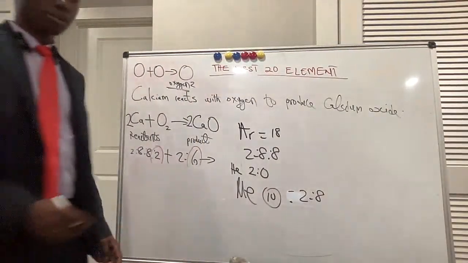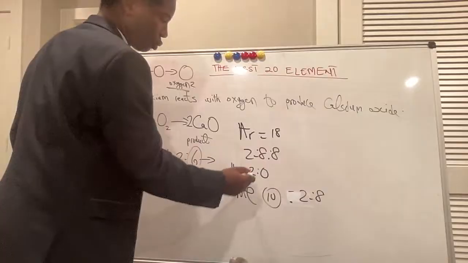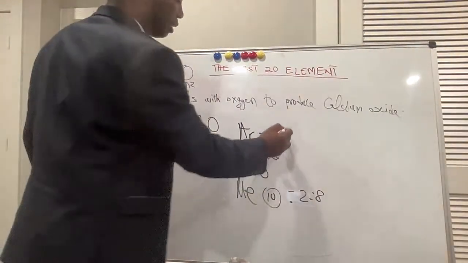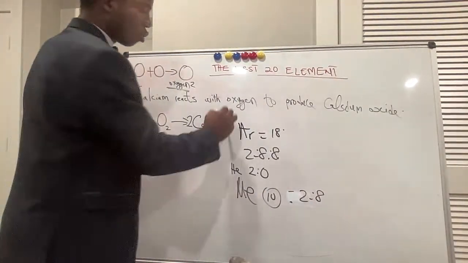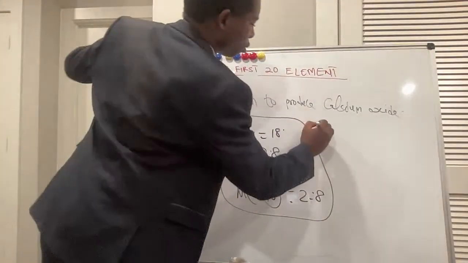So because this guy has 8 electrons, 2 electrons, 8, 8, they are considered to be what? They are considered to be noble gas.